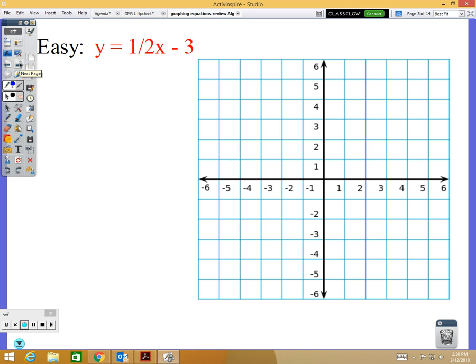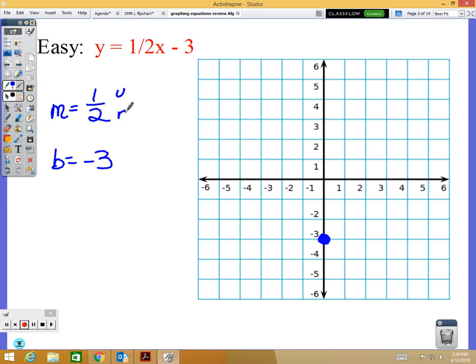What is the slope in this one? 1 over 2, and the y-intercept is negative 3. So again, graphing your y-intercept first, going down to negative 3, putting a point, and then your slope is 1/2. What direction is that?